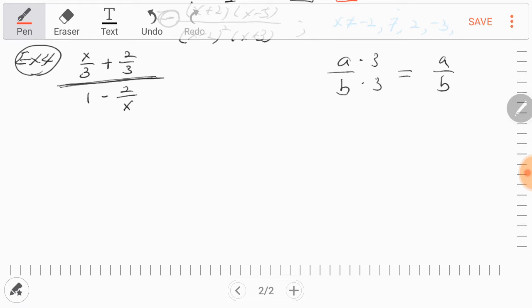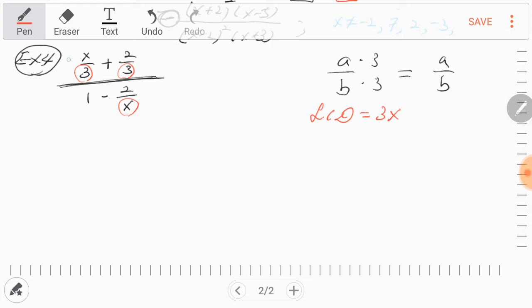So we get the LCM from each denominator of these fractions. So the LCD is 3x.